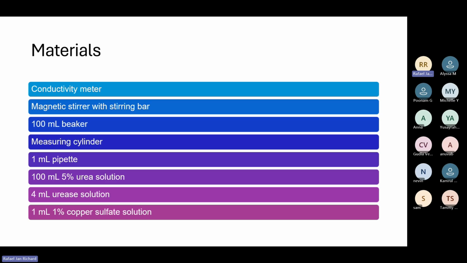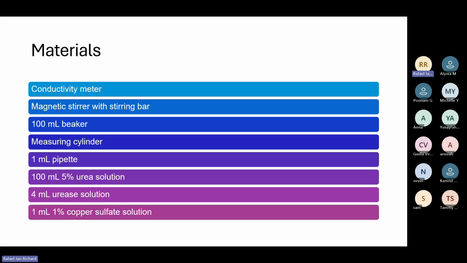So the materials you need are a conductivity meter to test how much electricity flows through a solution. This is the case when there are a lot of ions present in the solution, and you want to test that. And there's a magnetic stirrer with a stirring bar. This is being used so that everything is homogeneous in the solution.